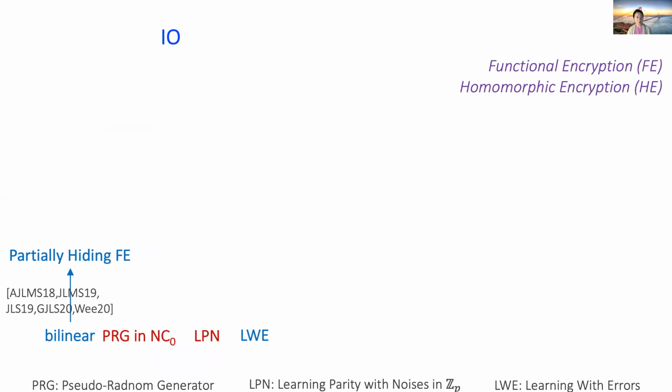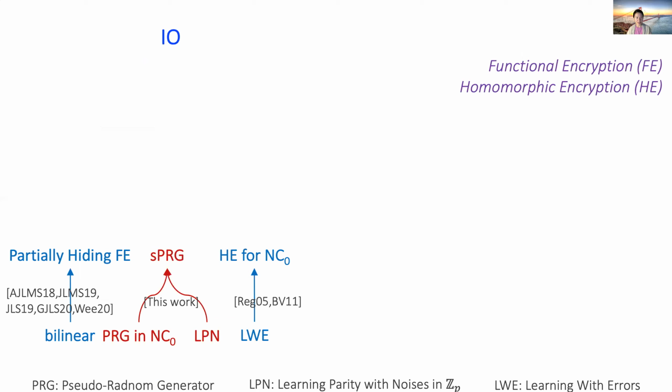So as mentioned, with bilinear maps, we can construct partially hiding functional encryption, and we can construct structured seed PRG using PRG in NC0 and learning parity with noise. We also need additional tools. In particular, using the learning with errors assumption, we can get homomorphic encryption for NC0 functions.